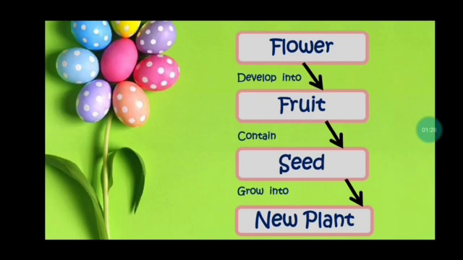So this is the process after the pollination happens, after the insect helps the plant to reproduce, the flower will be a fruit. Inside the fruit, of course, there are seeds, and if the seeds are dispersed, kalau seednya sudah disebar, they will grow into a new plant. The seed can be dispersed by water, by wind, by humans, and also by animals.